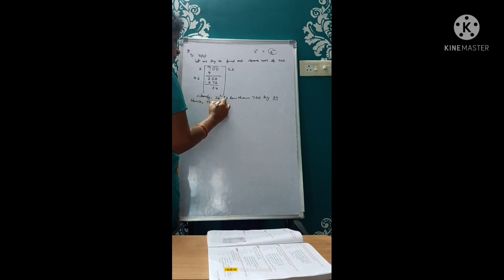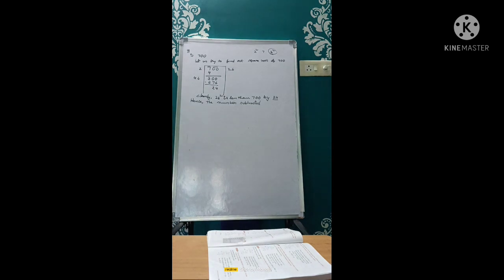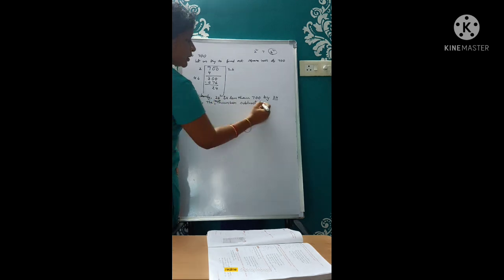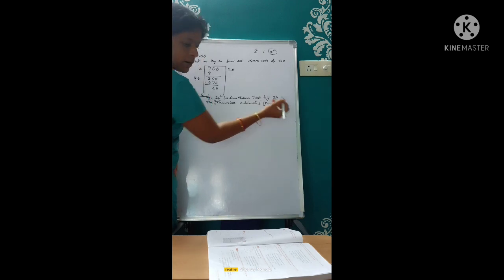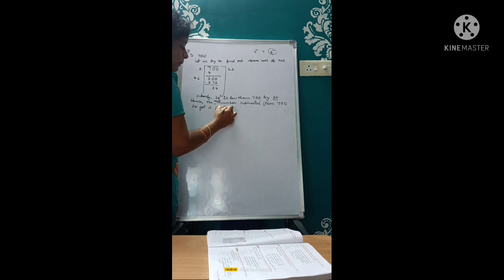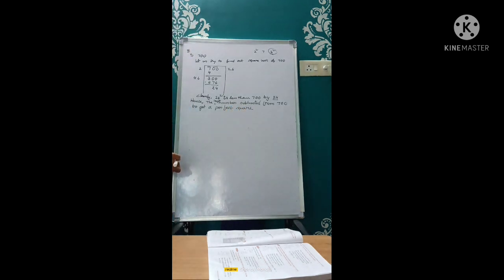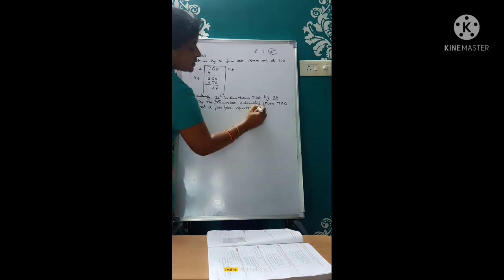Hence, the least number subtracted from 700 to get a perfect square is 24.